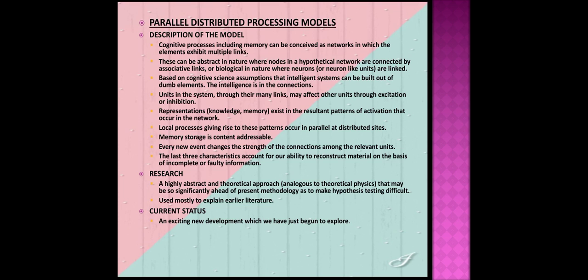Memory storage is content addressable. Every new evidence changes the strength of the connections among the relevant units. The last three characteristics account for our ability to reconstruct materials on the basis of incomplete or faulty information.